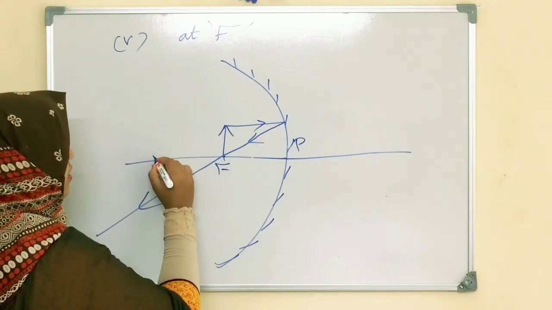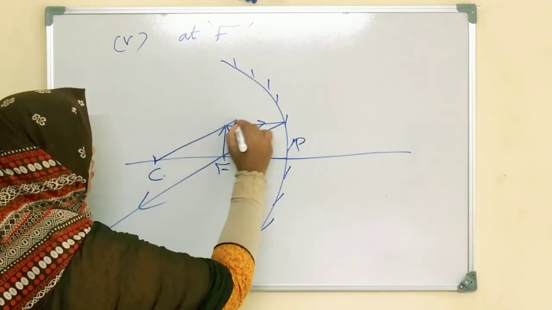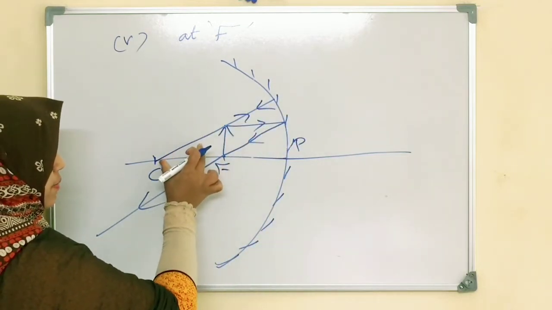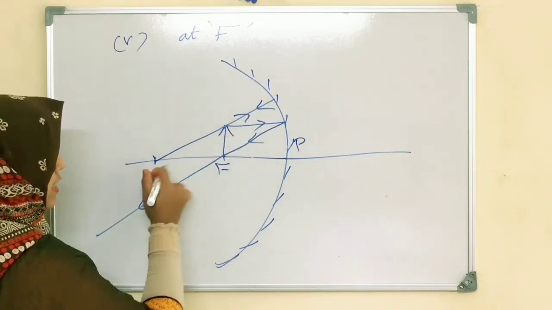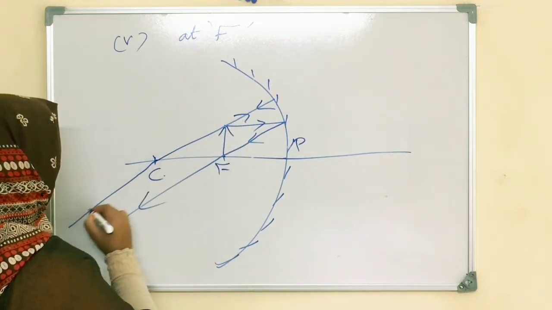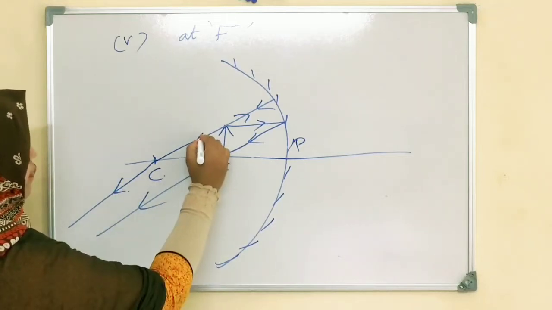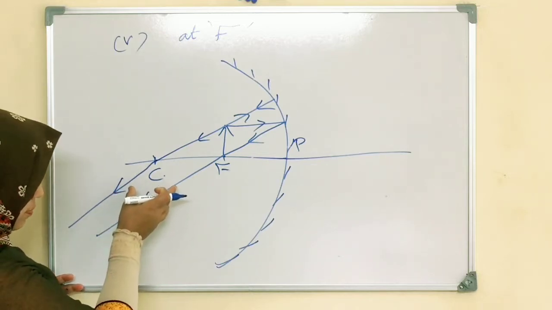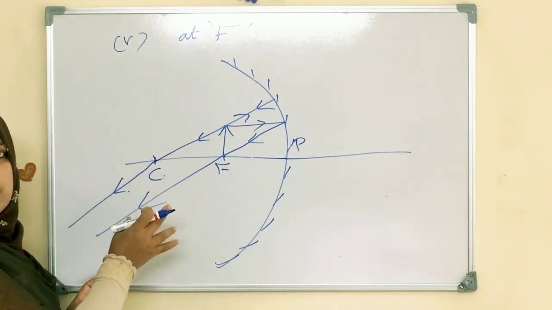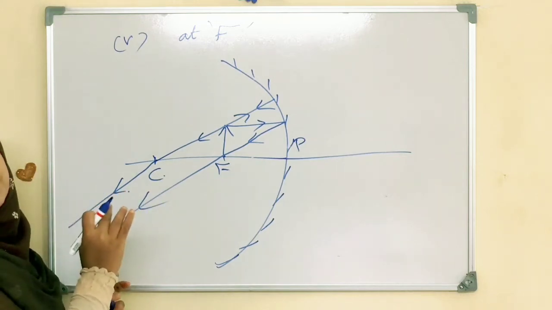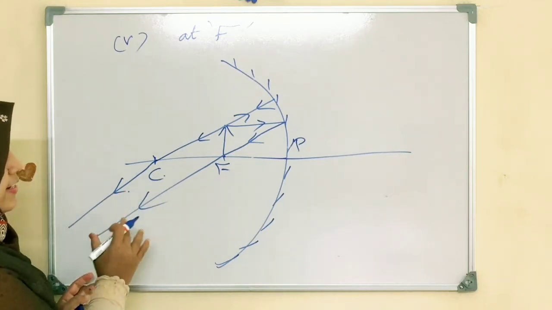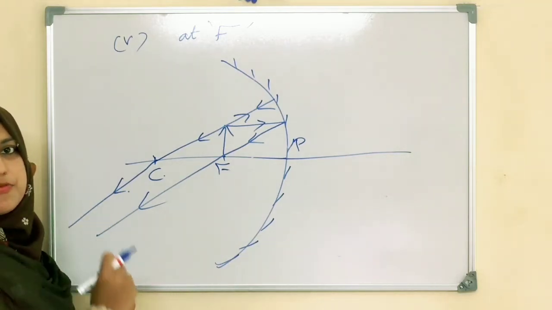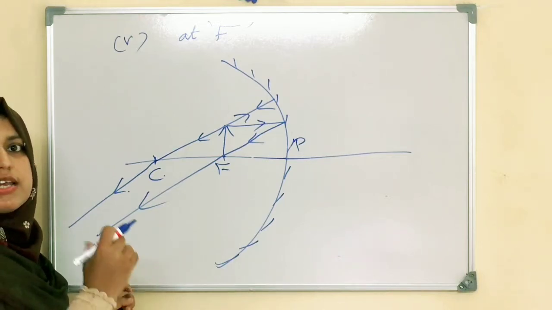Next, using the third rule, when the incident ray passes through the center of curvature, it retraces the same path. These two rays are not meeting here on this board. They meet at infinity. So the size of the image will be highly magnified or highly enlarged.